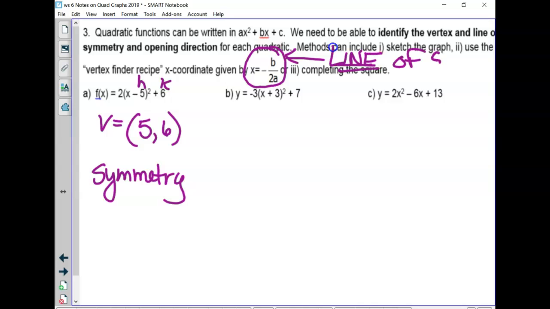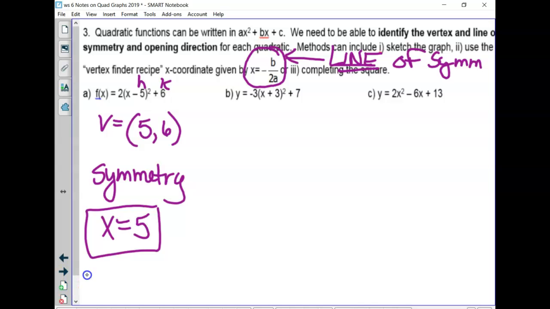Yes, but because it's a line, it has to be x equals. You can't just write 5. Everybody good on what I'm talking about? It's a whole line where all the x values are 5. All right, last thing is, which way does this one open? The 2 makes it open up, because A was positive 2.